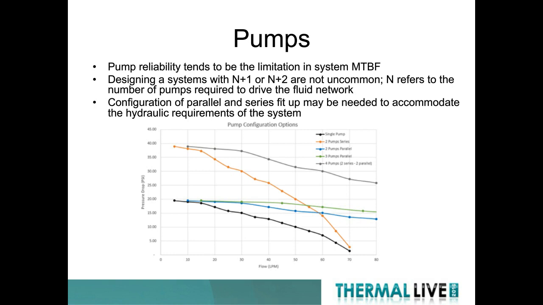If we want to go with two pumps in series and two pumps in parallel, then the very top curve becomes the pressure profile. And so you can see really quickly with a pump that you have a lot of confidence in, you have a lot of test data in, you can actually come up with configurations that can do quite a lot.